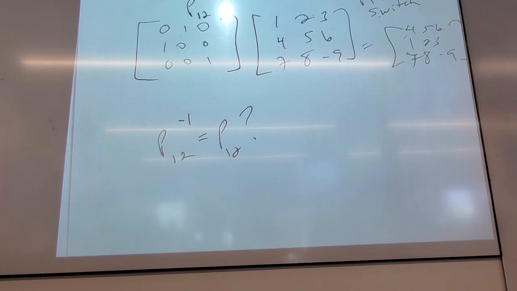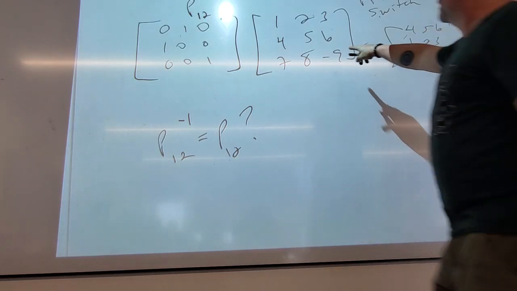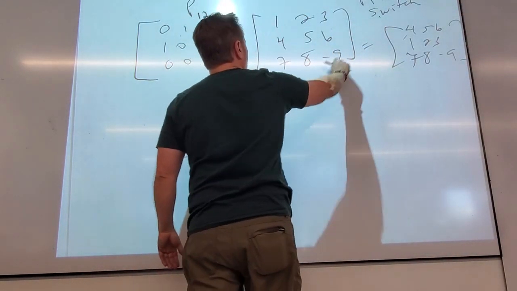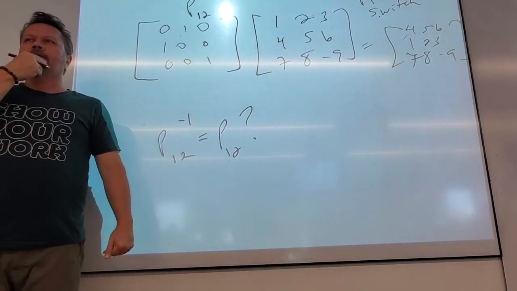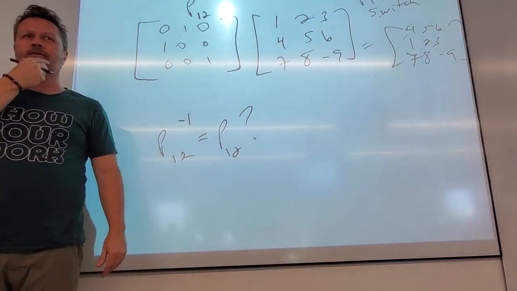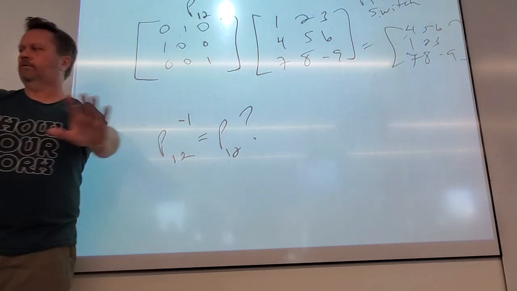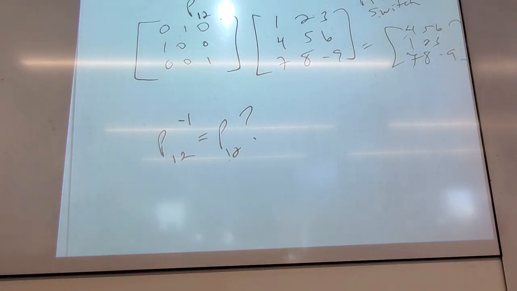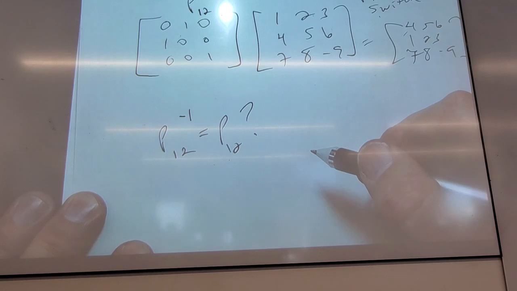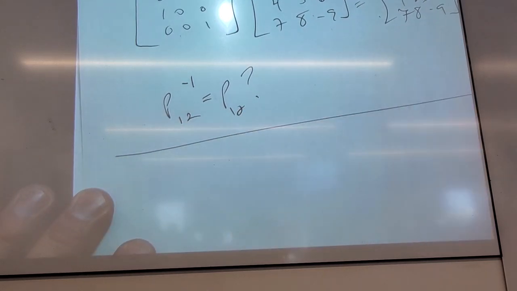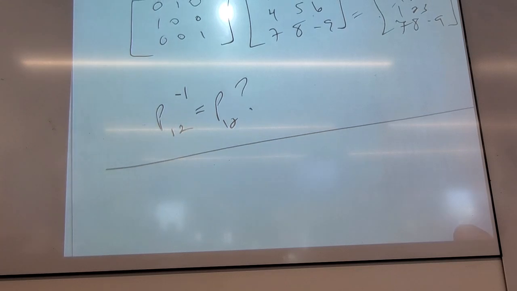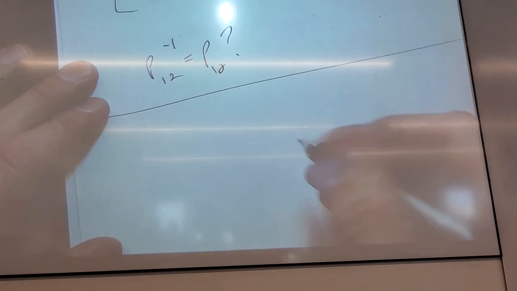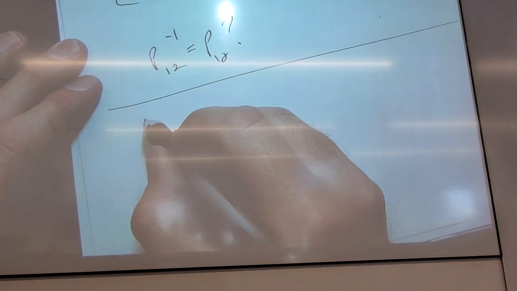So this second matrix I wrote is not as easy to tell what it does because there's a lot going on. So what about here? What would this do to something?